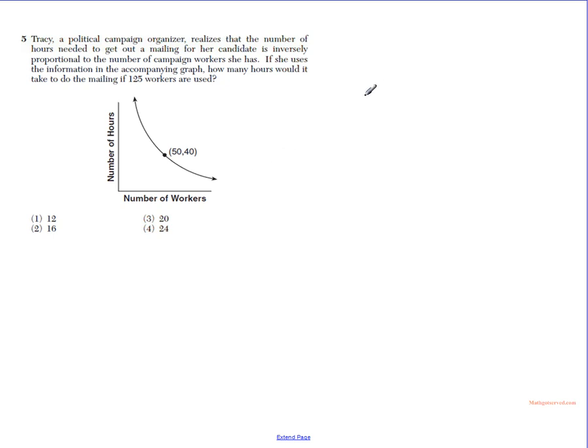So, let's declare our variables. Let h equal the number of hours, and w equal the number of workers. There are two things there, direct variation and inverse variation.